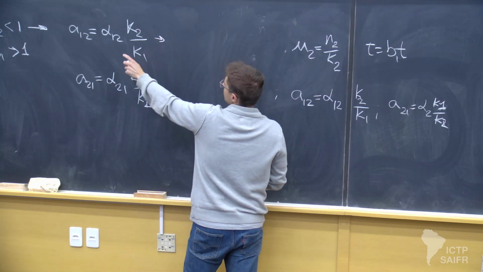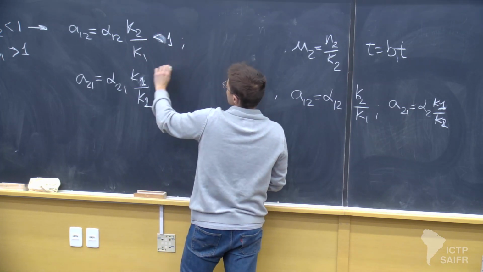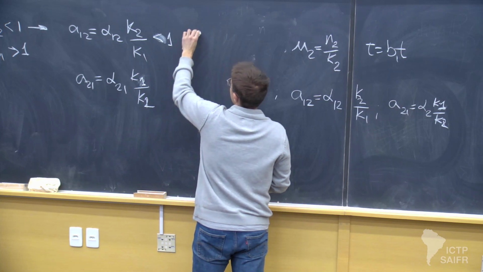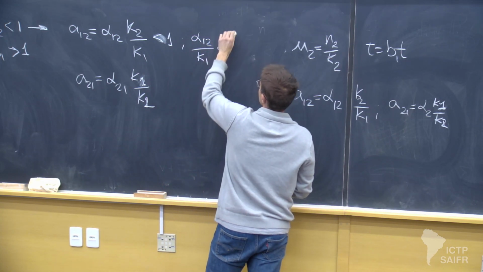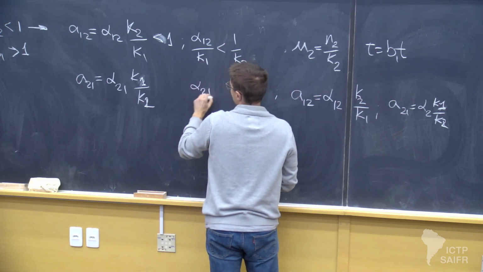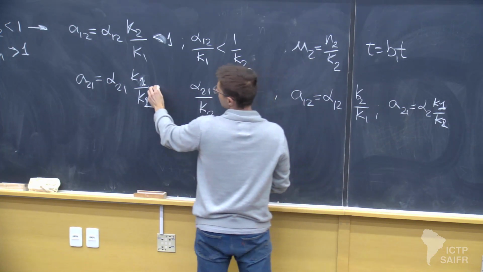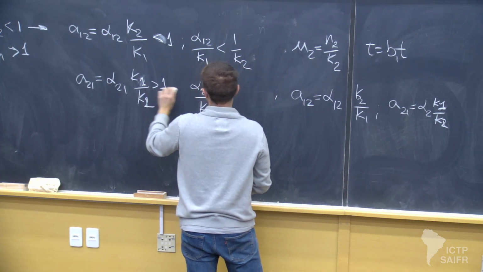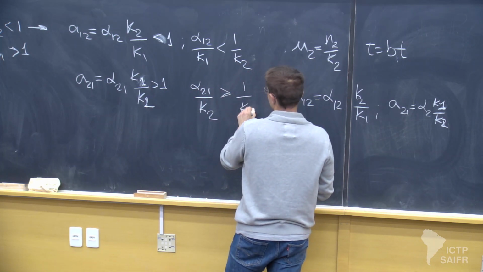So from here I know that if this is more than 1, this means that alpha 1,2 over K1 is smaller than 1 over K2, and alpha 2,1 over K2 is larger than 1 over K1.